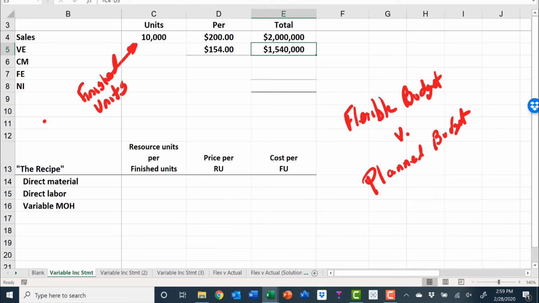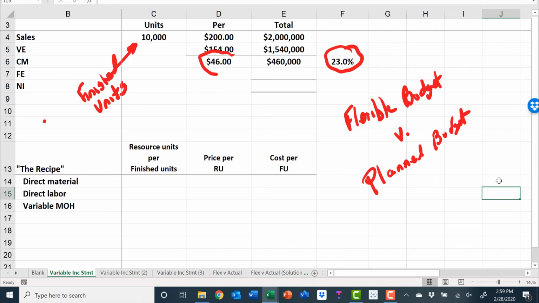So if I know that number, I'm also going to know that. And at that point, I also know my contribution margins. Don't forget, you've got a contribution margin percentage and a contribution margin per unit. Okay? Remember, those are going to be constant between your flexible budget and your planned budget.